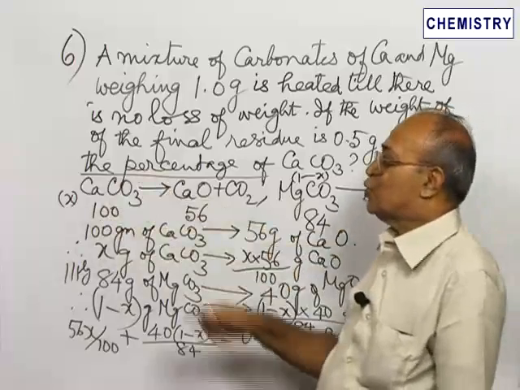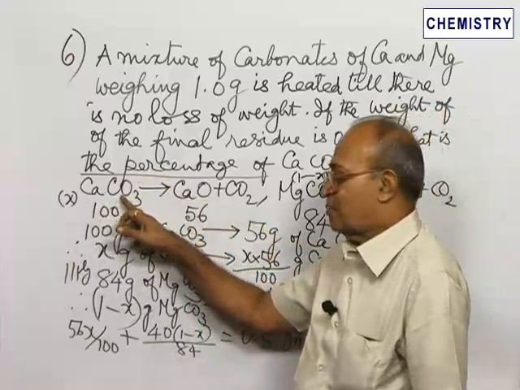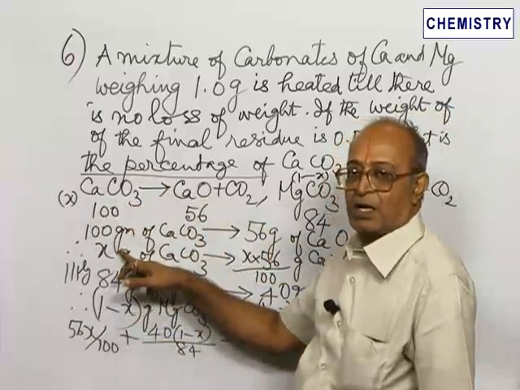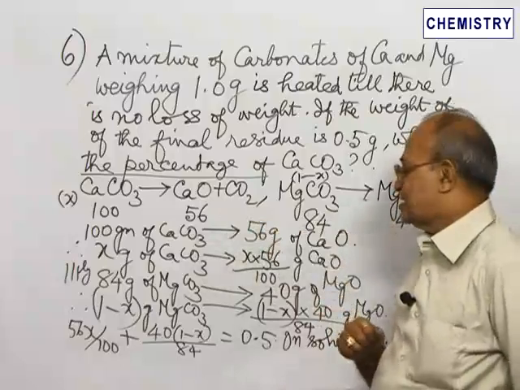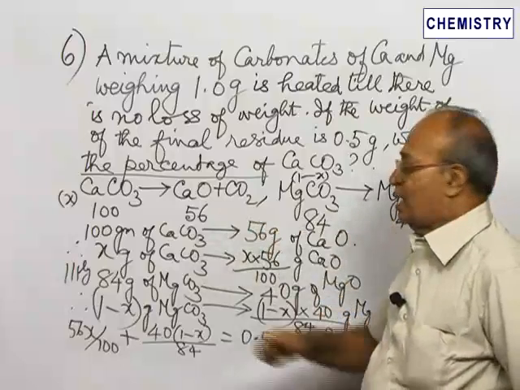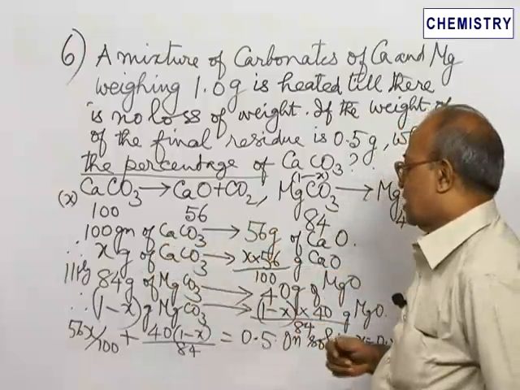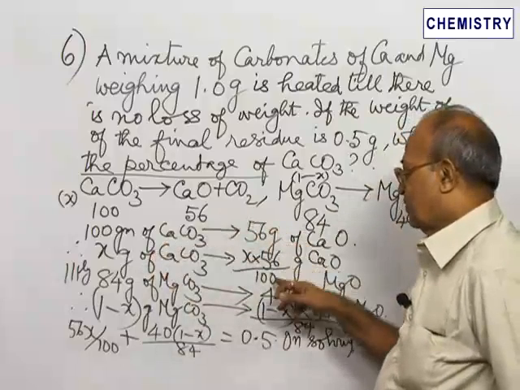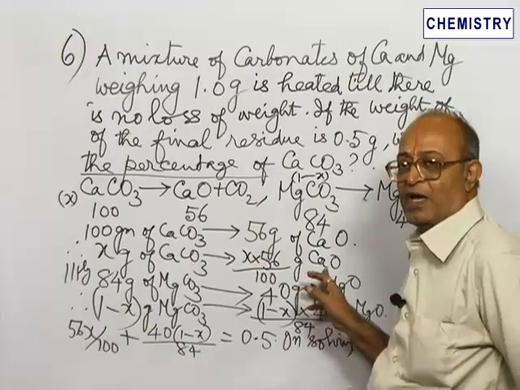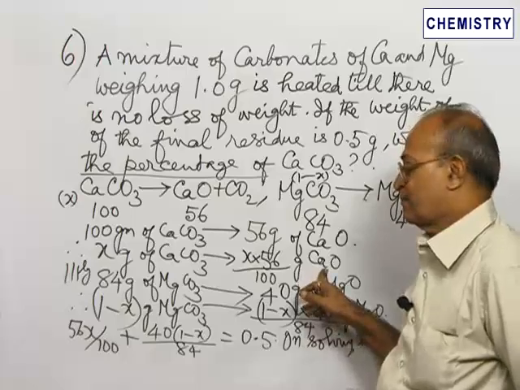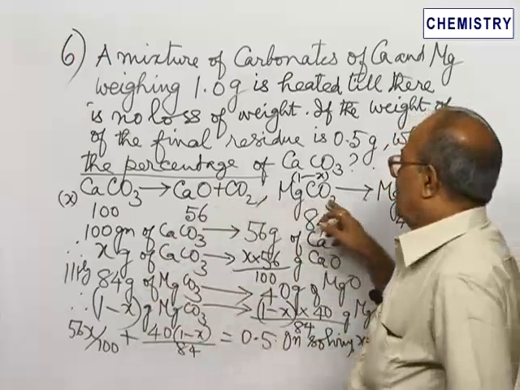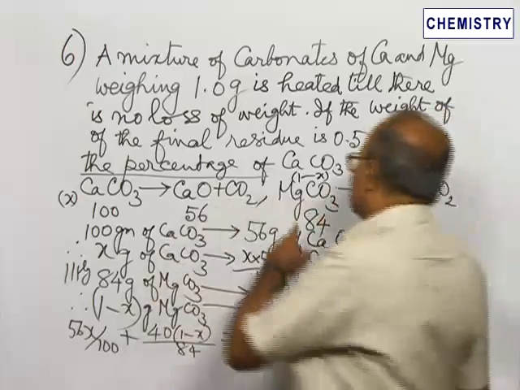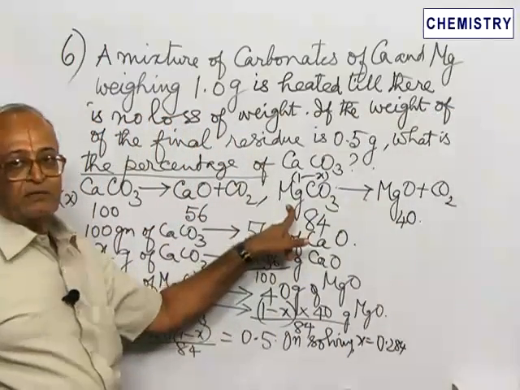But I have assumed the weight of calcium carbonate to be X. So, if 100 grams of calcium carbonate give 56 grams of CaO, X grams of calcium carbonate will give X into 56 by 100 gram of calcium oxide. Similarly, you can work out, 84 is the molecular mass of magnesium carbonate.